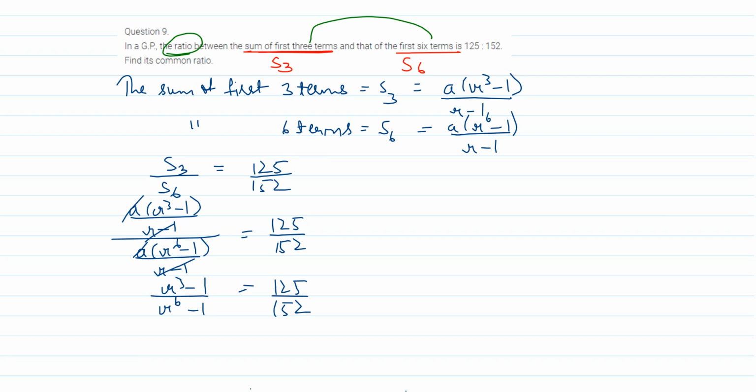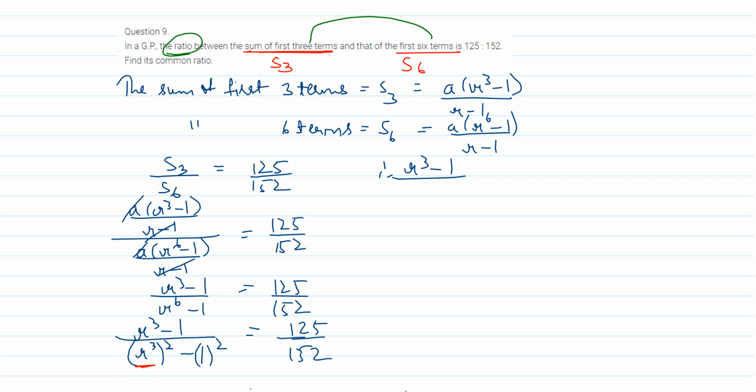Now students, can I write r to the 6 as r cube the whole square? So that is r cube the whole square minus 1 square, equal to 125 upon 152. Here, students, this is a square minus b square.